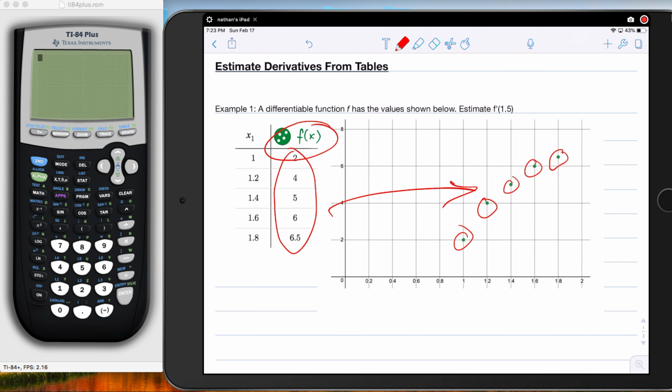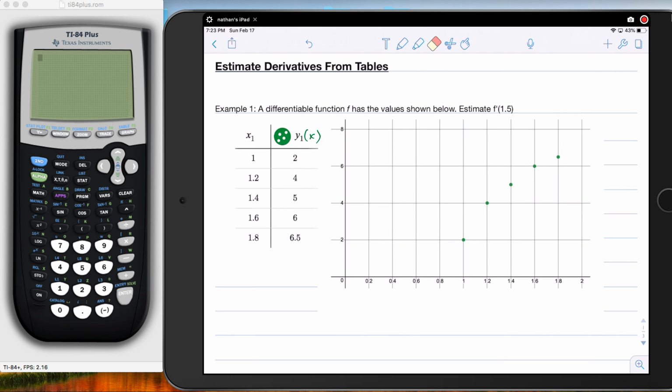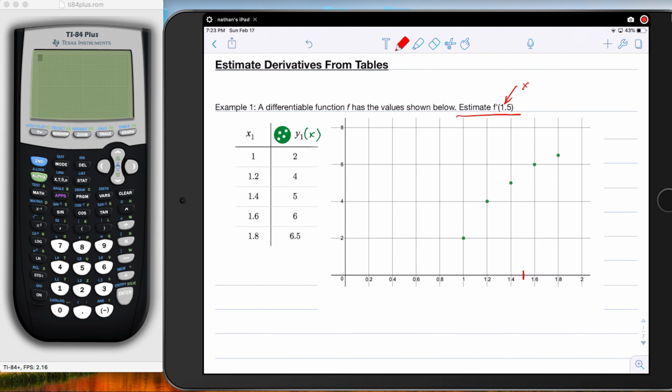Okay, and so the question the problem asks is: estimate the derivative at an x value of 1.5. So right around here at 1.5, what is the derivative of this function? We're going to have to estimate it. If we have a table, we can easily estimate a derivative if we know the meaning of the derivative.